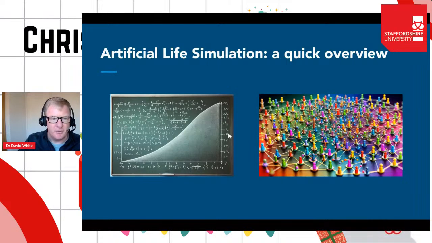So I deal with a kind of model called agent-based modeling, and what agent-based modeling does is that using a computer, we're literally able to simulate all the agents, and these are the things, the beings, the people, or the animals, or the trees within a system. We simulate the connections between them and how they react with each other and how they are influenced by their environment.